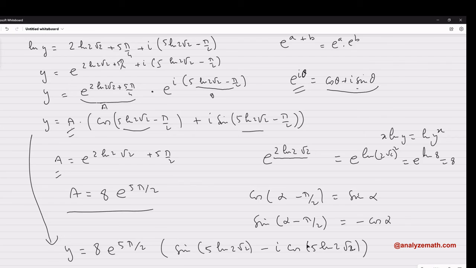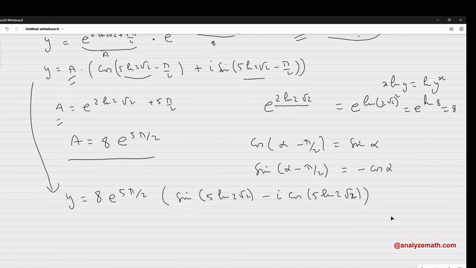So this is our complex number in standard form, or almost. We need to multiply now. So y is equal to 8 e to the power 5 pi over 2 multiplied by the sine of 5 ln 2 square root of 2. This is the real part.